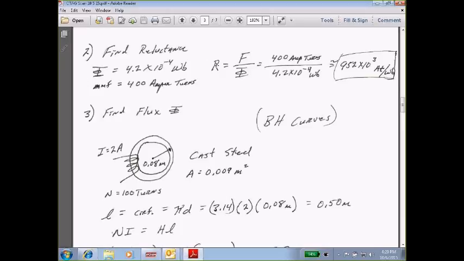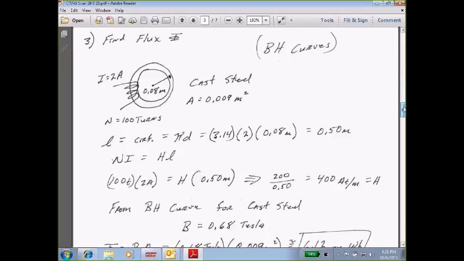So the reluctance, which is kind of like resistance electrically, is equal to the force, which is kind of like voltage electrically, divided by the flux, which is kind of like current electrically. So we have 400 ampere turns divided by 4.2 times 10 to the negative 4th Webers, and that's about 952 times 10 to the 3rd ampere turns per Weber.